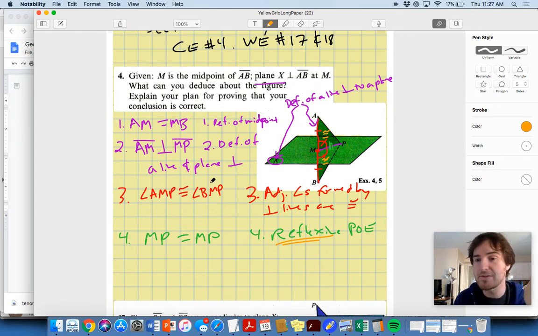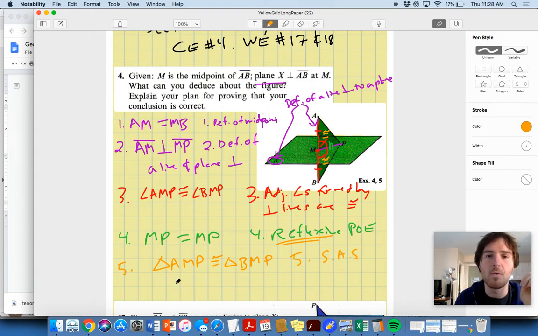So I can finally conclude that triangle AMP is congruent to triangle BMP, where A corresponds to B and M corresponds to M. And the reason for that would be SAS.